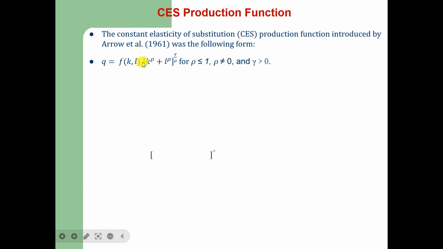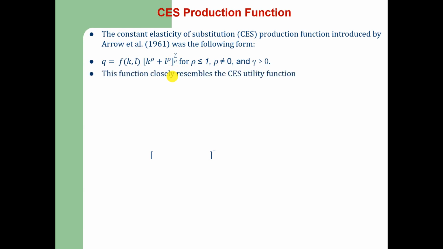Here I have forgotten the equal sign, so there is an equal sign in this slide. In this production function, this is the distributive parameter. This is the substitutive parameter. This represents substitution, and gamma refers to returns to scale.